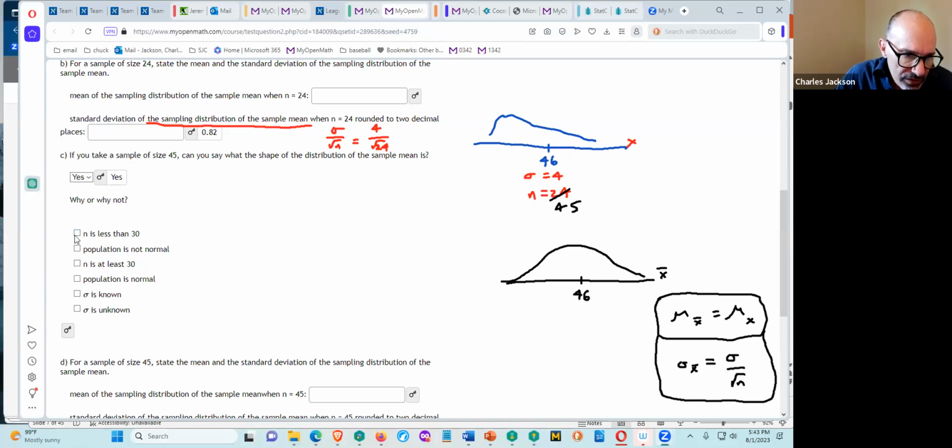Let's see. And so if n is now 45, we couldn't say it's less than 30. It's at least 30. Population is normal, no. Sigma is known, yes.